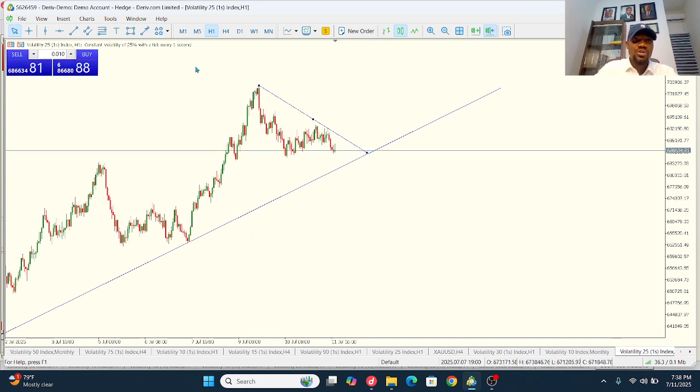So I want to wait for the market to come all the way down to my trend line. Don't forget, guys, let it come all the way down to my trend line. Yes, now I will be looking at taking a bullish decision. So at this point, I will be waiting for any bullish price action in H1.